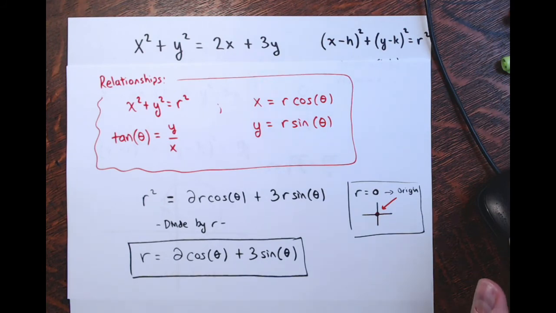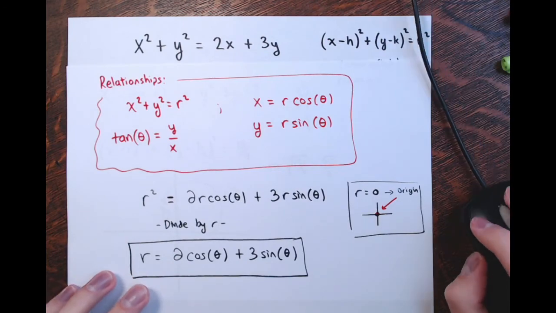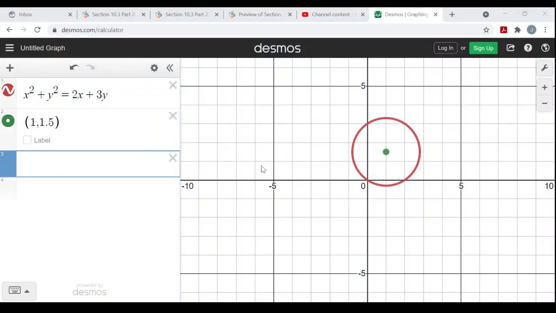And let me go to my Desmos website again and show you that this equation in polar gives me the same exact curve, the same graph as this equation did in rectangular. So back here on the Desmos website, if you type with x's and y's, it automatically assumes you're working in rectangular. And if you type with r's and thetas, it'll assume you're working in polar and graph in polar.